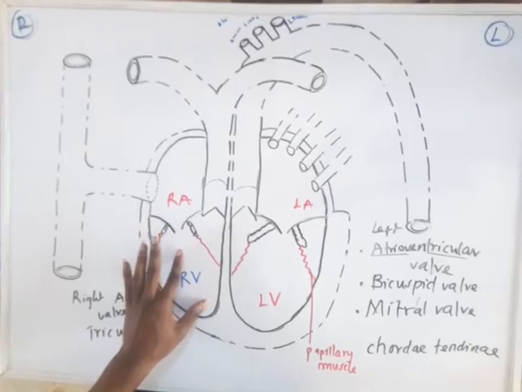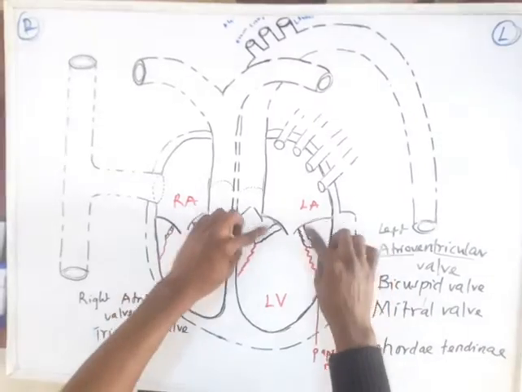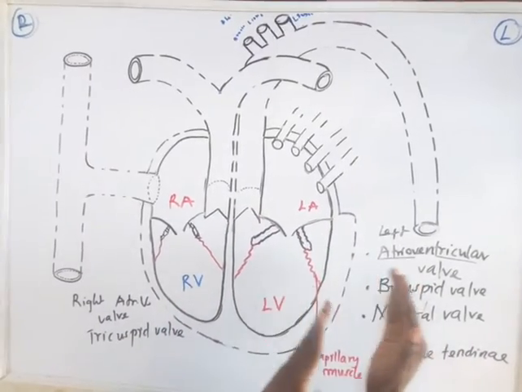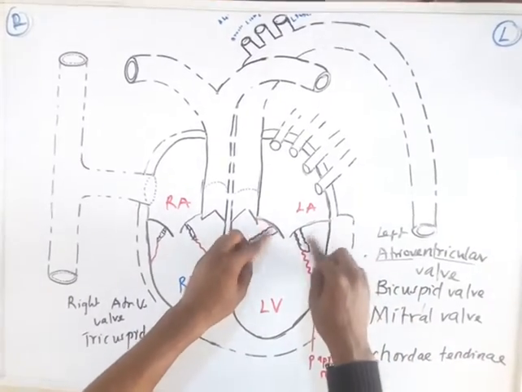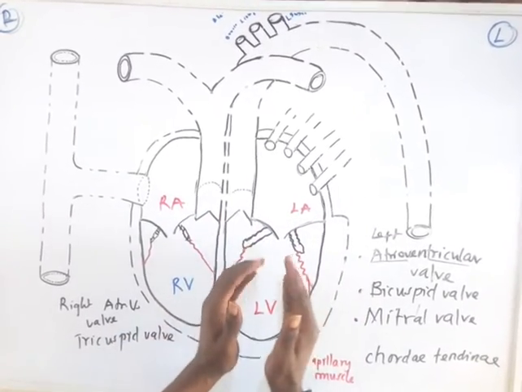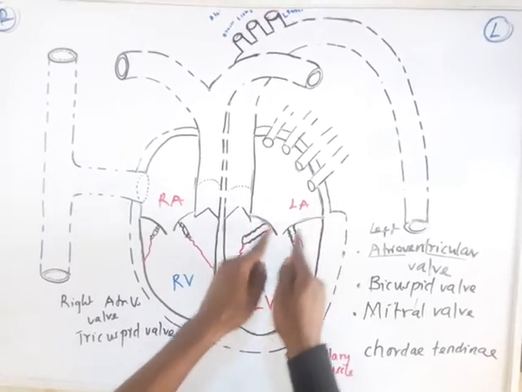This is the right ventricle and this is the left ventricle. This valve is the left atrioventricular valve, also called the bicuspid valve because it has two cusps, and the mitral valve.